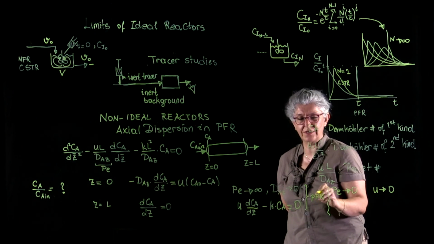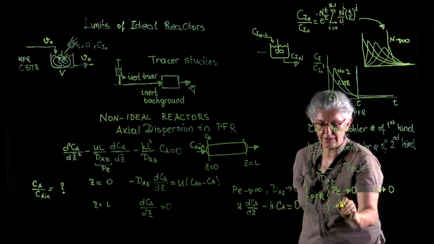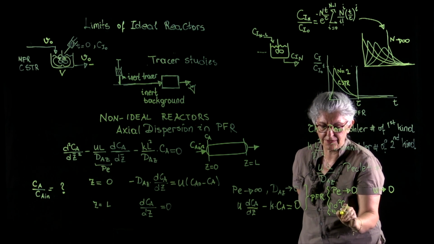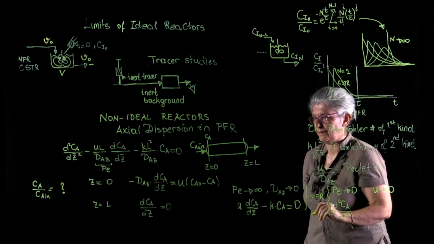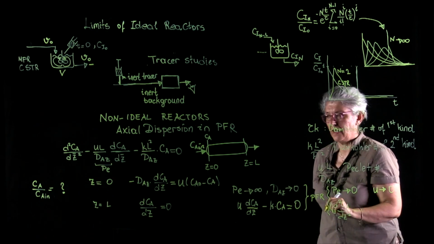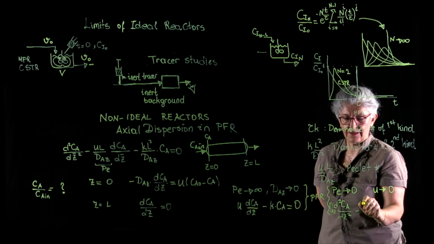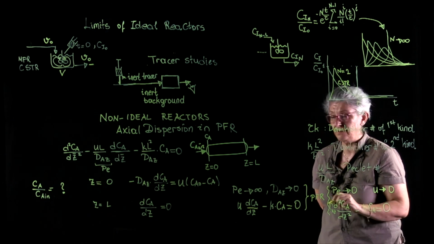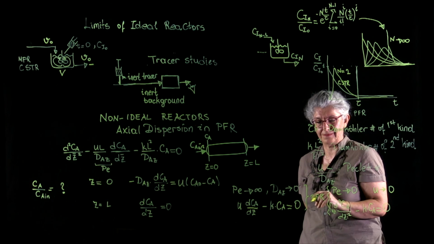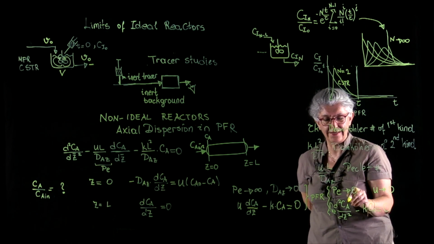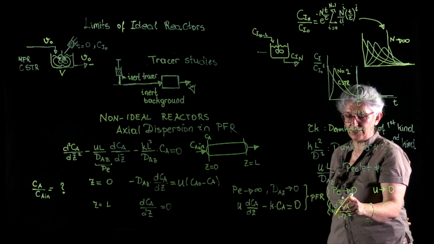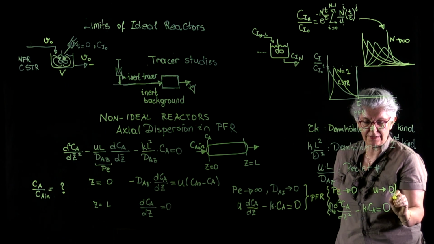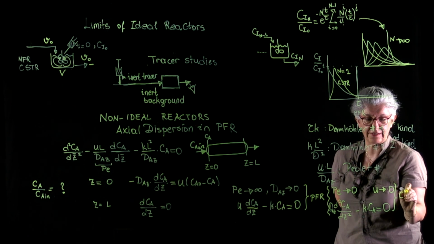Our differential equation takes the form dAz d squared Ca over dz squared minus K times Ca to be equal to 0. And this expression eventually leads to the design equation of a CSTR.